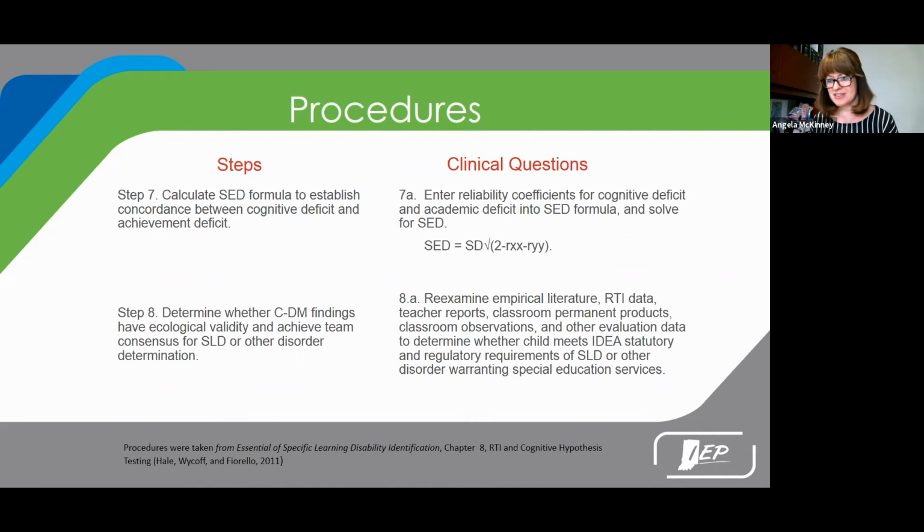More calculations. Are you turned off by this one yet? Because it really is difficult. And you're going back to say, okay, now I really have to look at the literature. I have to look at all the information I have. I have to figure out whether or not this truly represents a pattern of strengths and weakness. Because it's so, I guess, undefined in Article 7 that it is basically relying on us to use a good research-based method for establishing this.